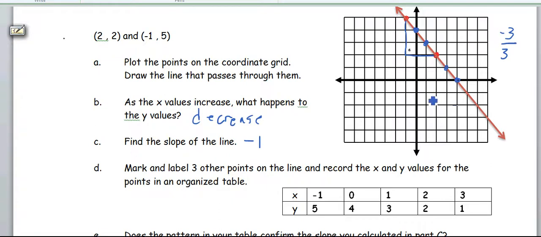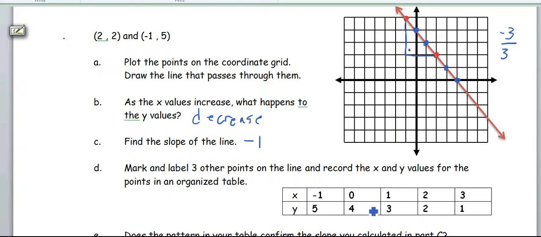And I can name those points. The first point we were given, -1, 5, these right here. This is point 0, 4. Then 2, 2, or excuse me, 1, 3 here, 2, 2, and then 3, 1.